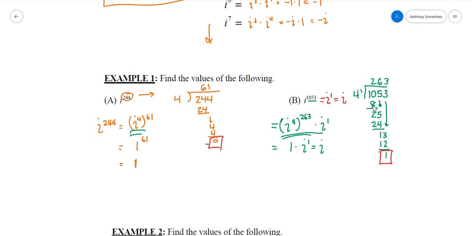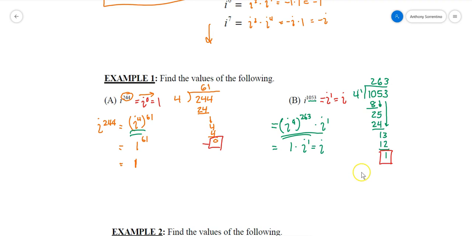And from here, I could have said, okay, that just equals i to the 0, and anything to the 0 is just 1. So that's an even shorter shortcut. I just gave those other things as explanations. So powers of i should not be that difficult. All you do is divide by 4 and pay attention to whatever the remainder is, and there you got it.